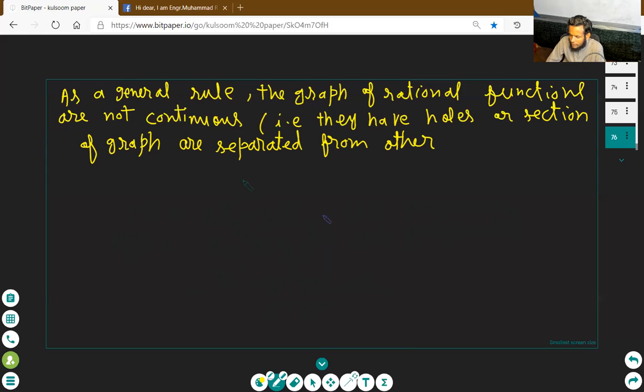Do you have an idea about hole and asymptote? Can you make the hole of a graph? What is the hole of a graph?